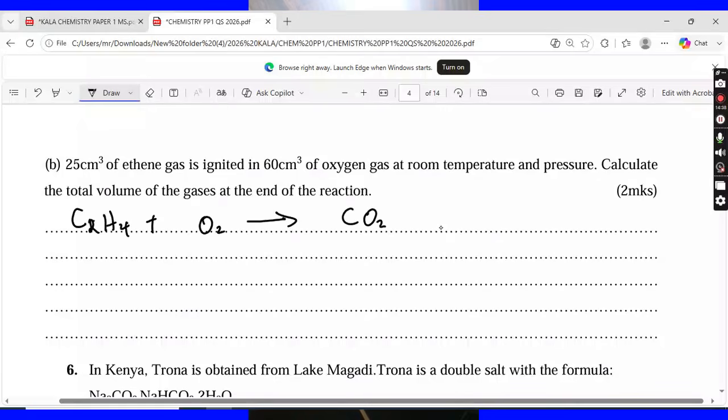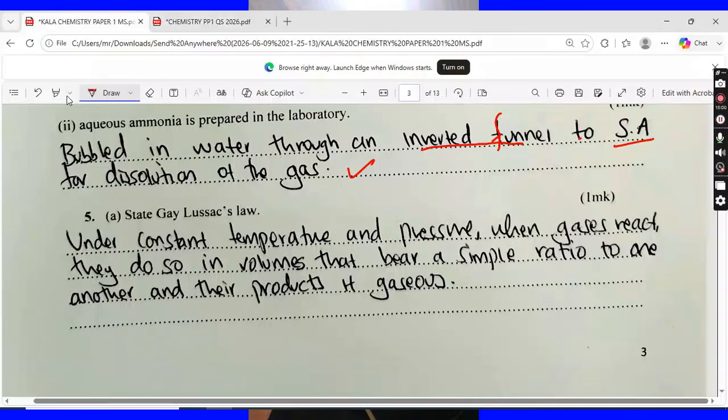Of course, it is going to form carbon dioxide plus water. But we have been told the volume here is 25, the volume here is 60, right? Now you need to balance this equation. For you to use the simple ratios, you need to balance the equation. If the equation is not balanced, Gay-Lussac's law is not going to work.